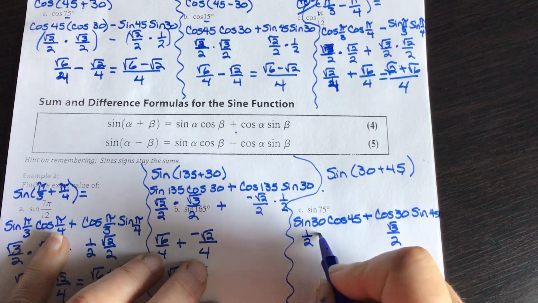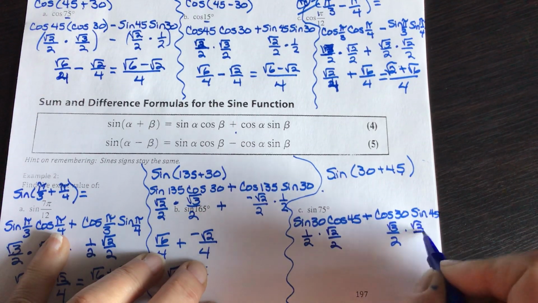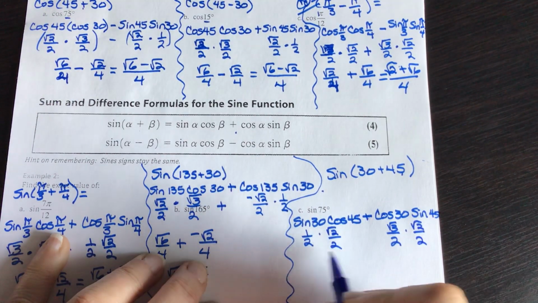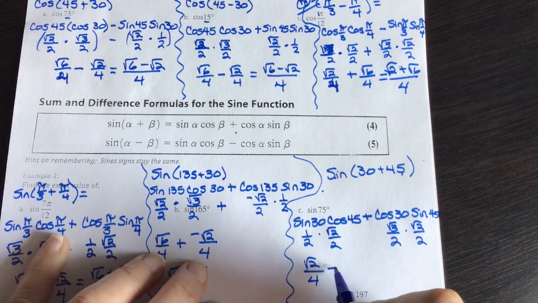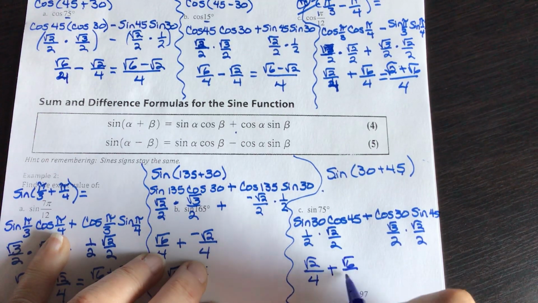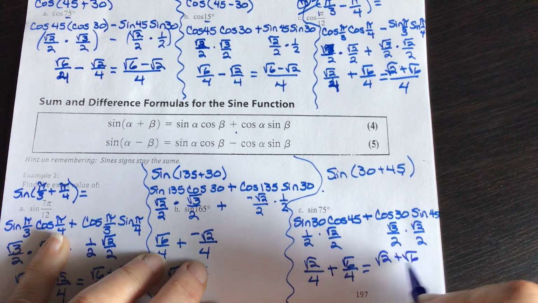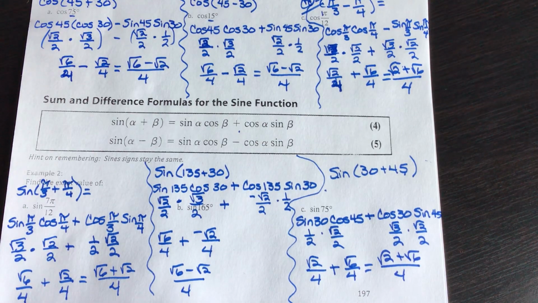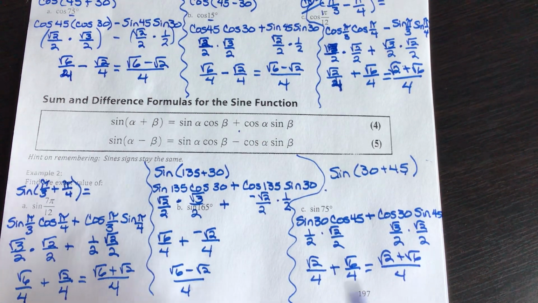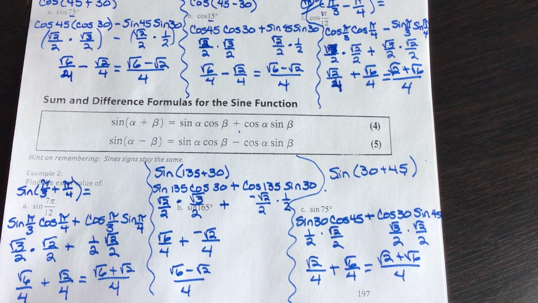And 45 is square root of 2 over 2 for both sine and cosine. So this is the square root of 2 over 4 plus the square root of 6 over 4, square root of 2 plus square root of 6 over 4. All right, so all of these, we've pretty much used the same values for the same angles.